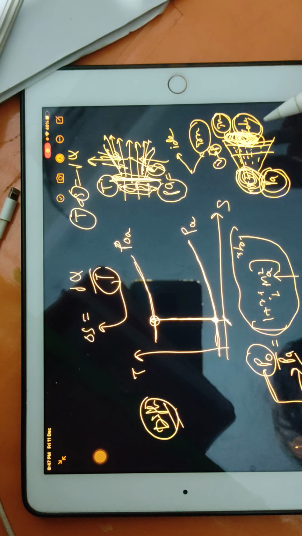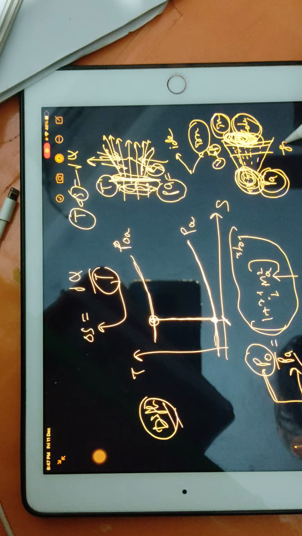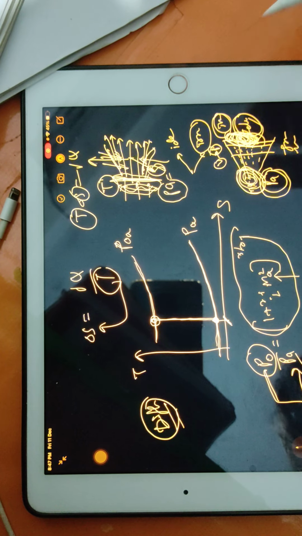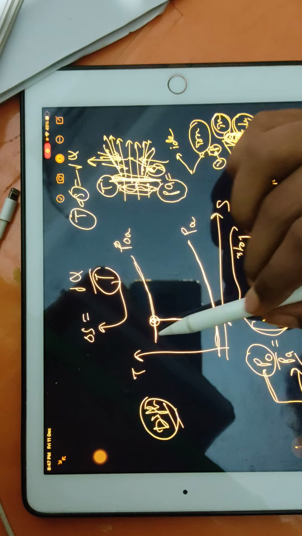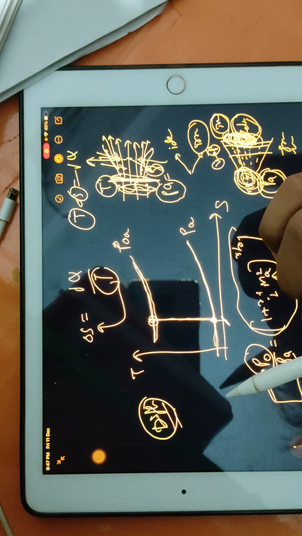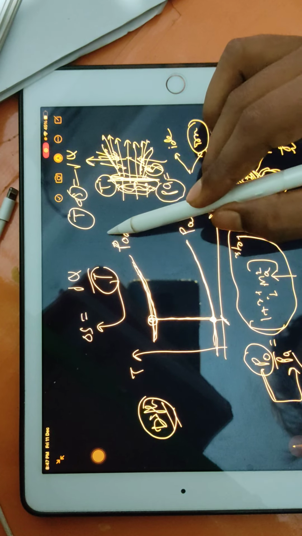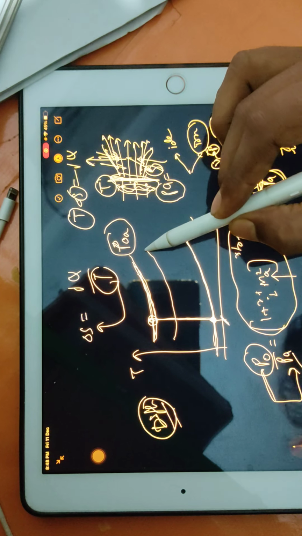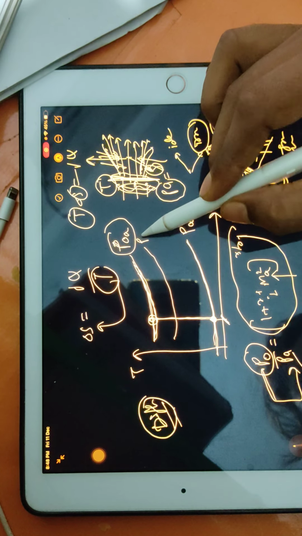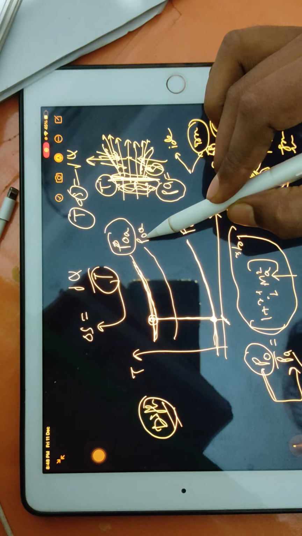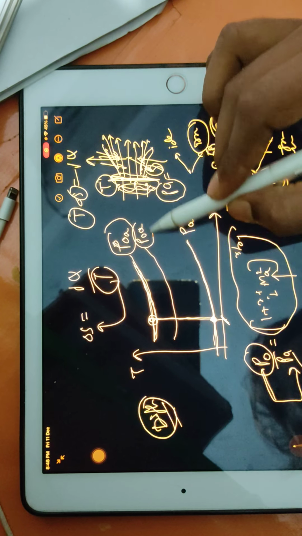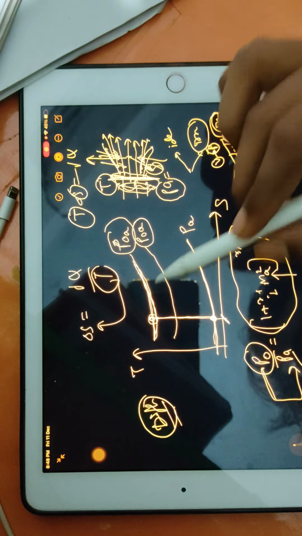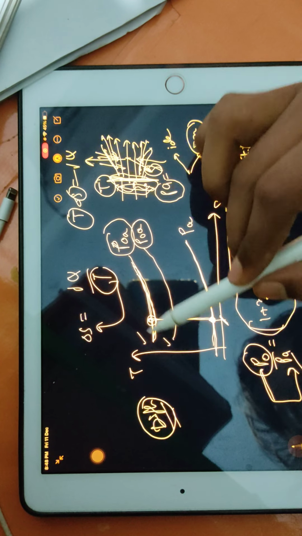Now, what if you consider the irreversible case? You know that in case of irreversibility, total pressure decreases. Currently you have a pressure line P naught A. Then you draw one more pressure line which is less than P naught A. Now you see there is a difference between this line and this line.